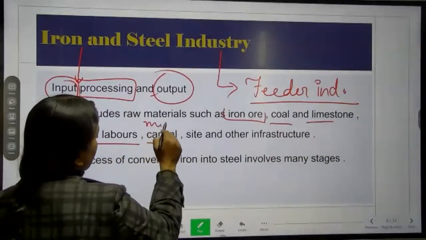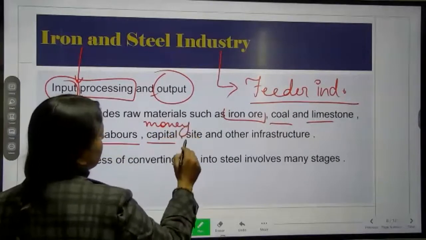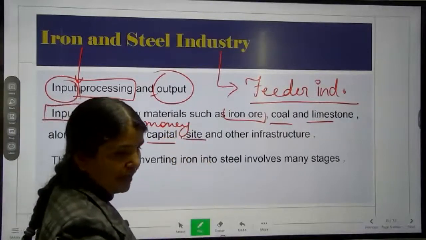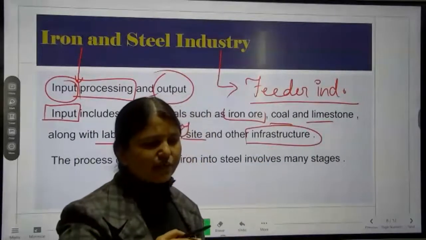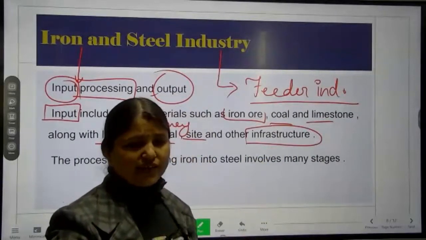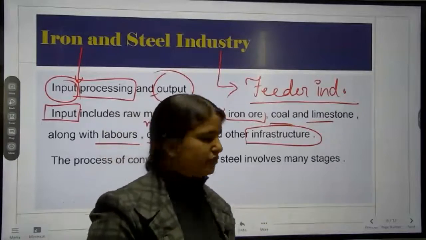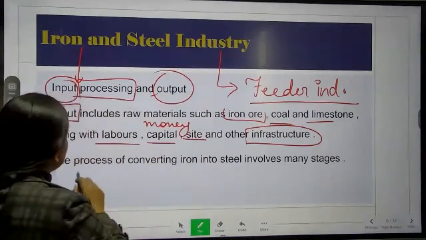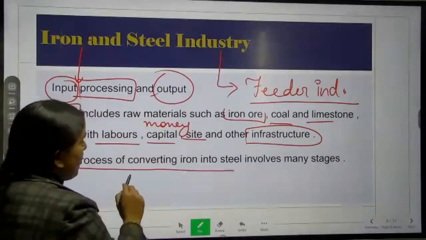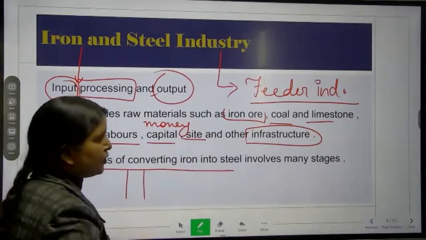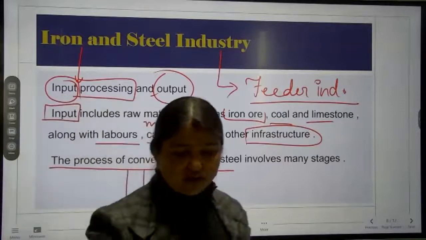Capital, I already told you, means money; site means the particular area; and infrastructure is like the base, how they establish that industry. And if you ask, ma'am, what kind of processing is happening there? Many stages and many ways are working there.